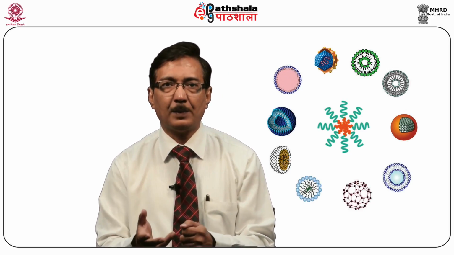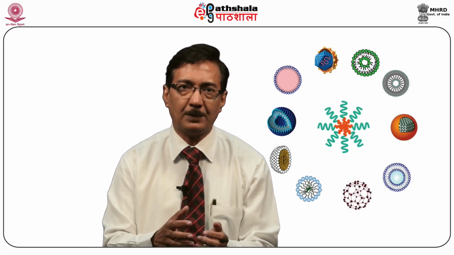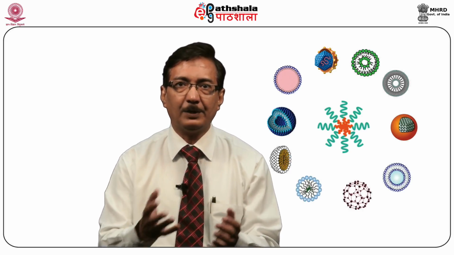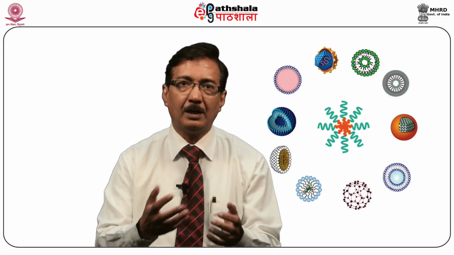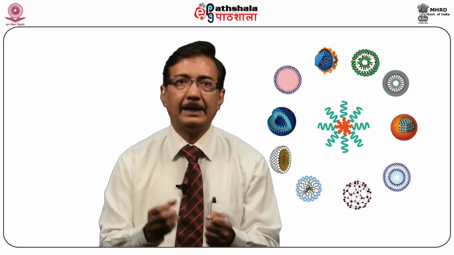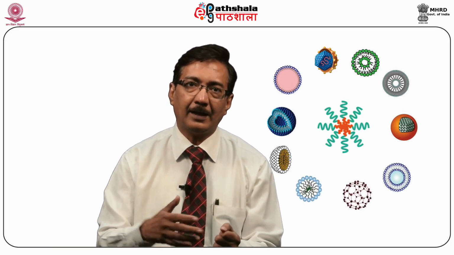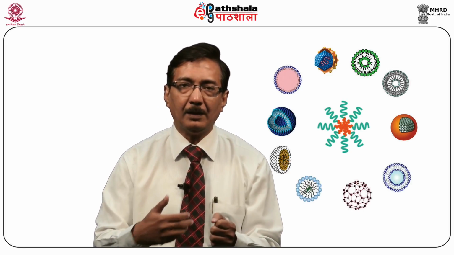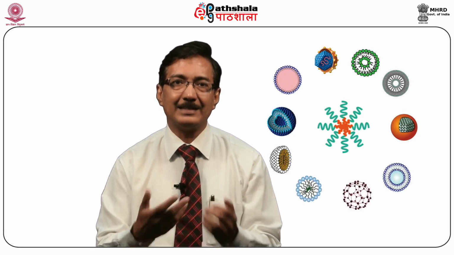The surface of these nanoparticles can be modified by coating with hydrophilic polymers like polyethylene glycol, resulting in the formulation of stealth nanoparticles. It means they are invisible to our defensive mechanism, the RES. These nanoparticles have the ability to circulate for a prolonged period of time, and they can target the organ, because when they circulate in the system for a long period of time, their chances of accumulating at the organ are increased.